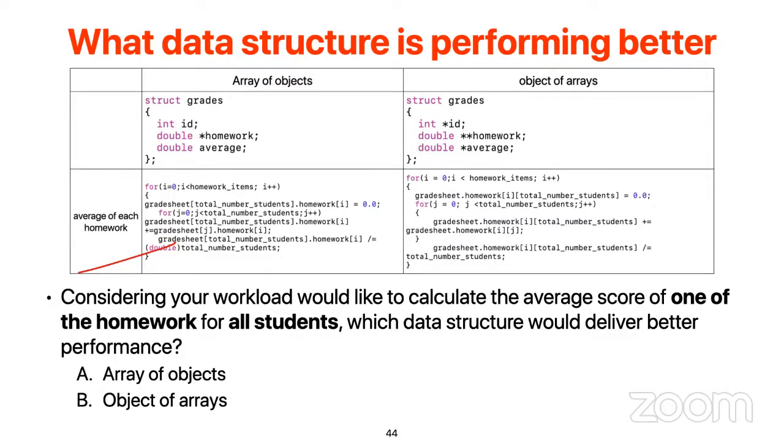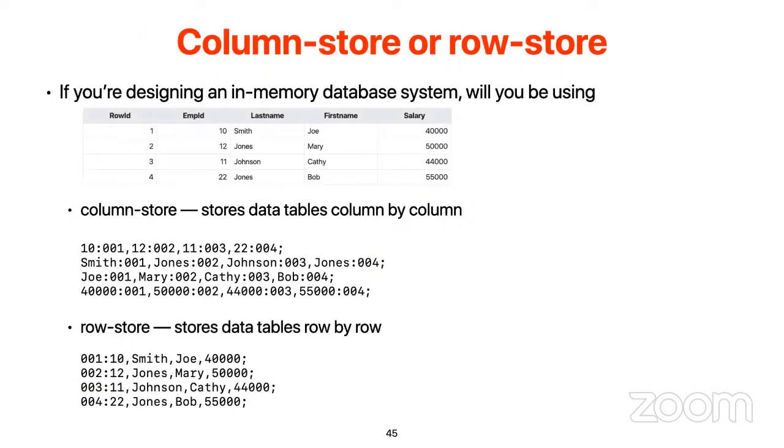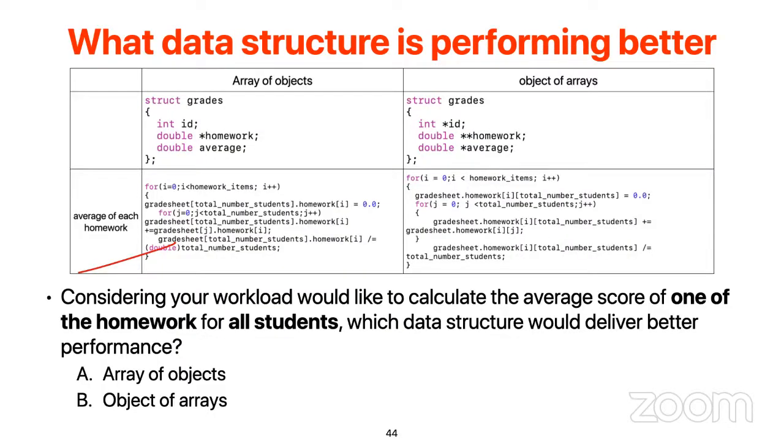However, it's also important, as a software programmer, to know what kind of data structure can make your performance better. For this example, if you make it an object of arrays, when you access it, it's easier for your code to exploit sequential locality, so your performance will be better.